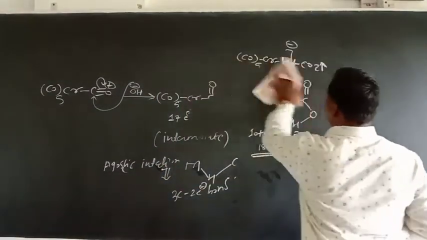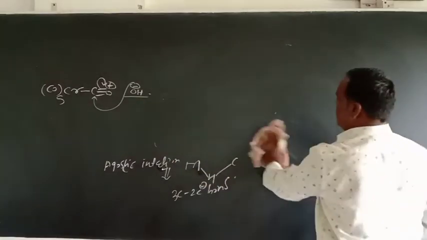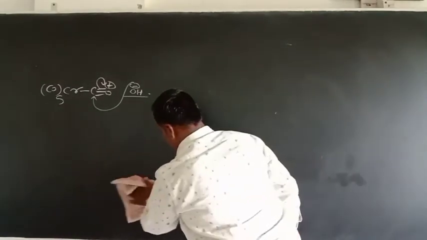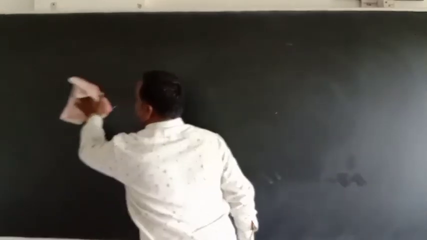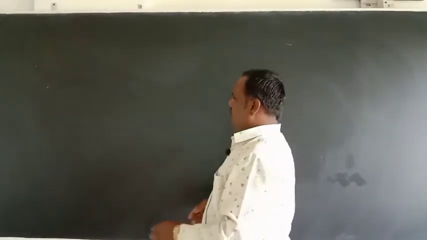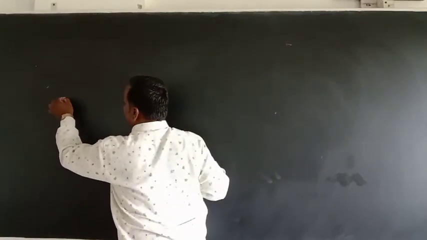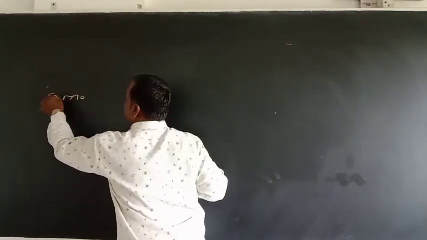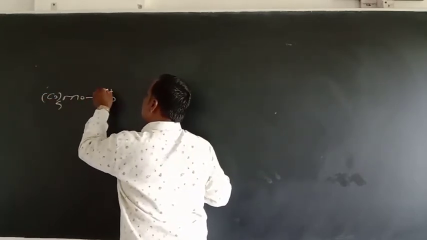Why does this metal atom show agostic interaction? Because it is coordinatively unsaturated, it is a 17 electron species, it will try to get the 18 electron count, and therefore it will show agostic interaction. If you consider another example, that is Mo(CO)5 with C triple bond O having positive charge.